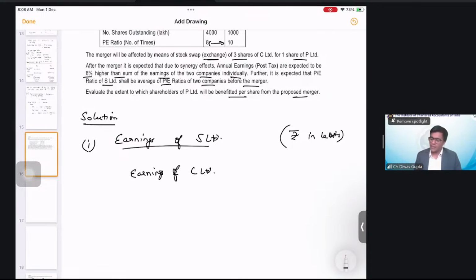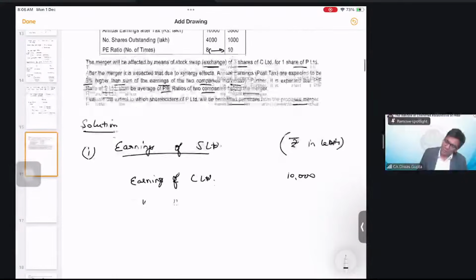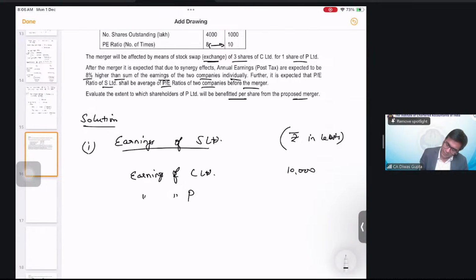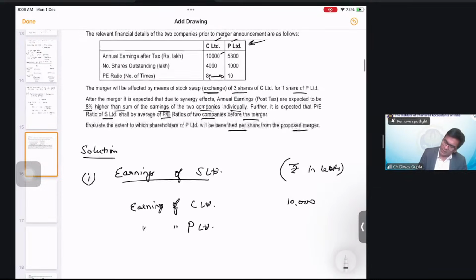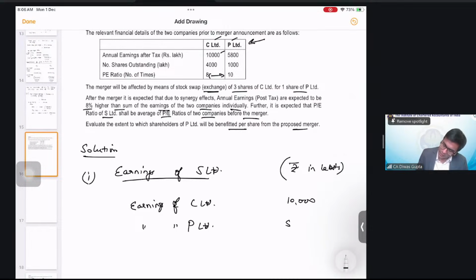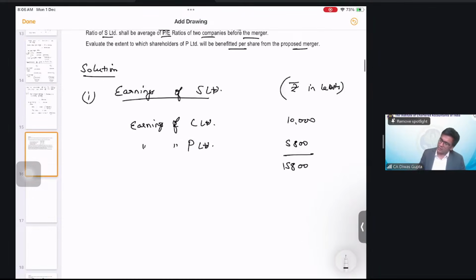Okay, so earnings of C Limited are already given as 10,000 lakhs. Earnings of P Limited are given as 5,800 lakhs. So in totality, it is 15,800.